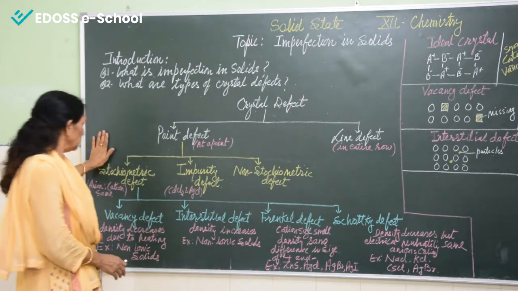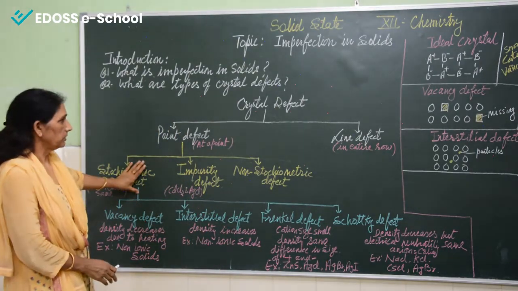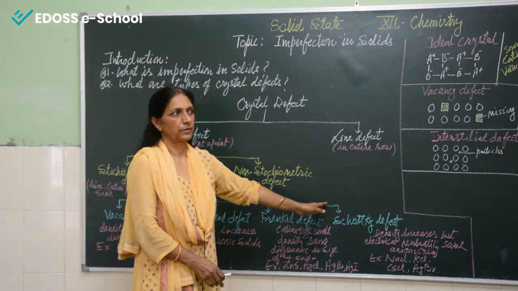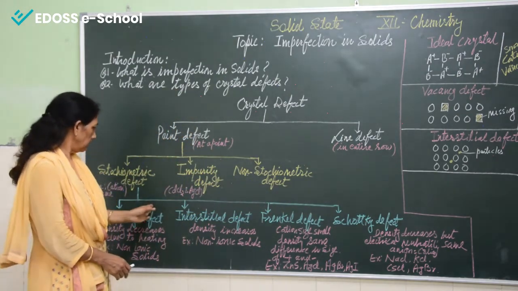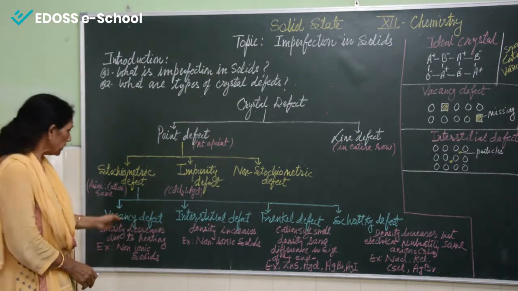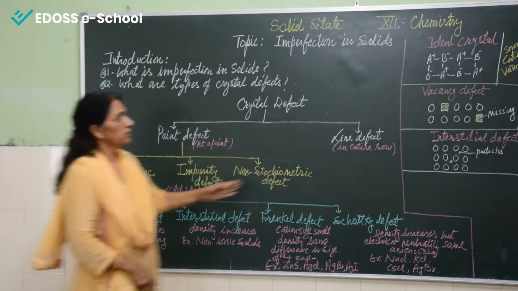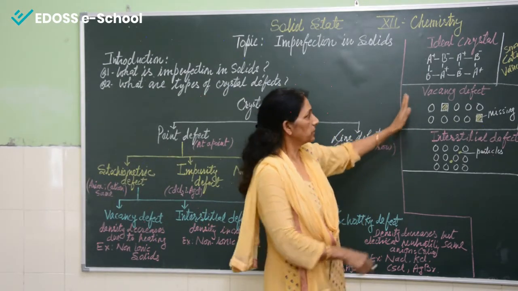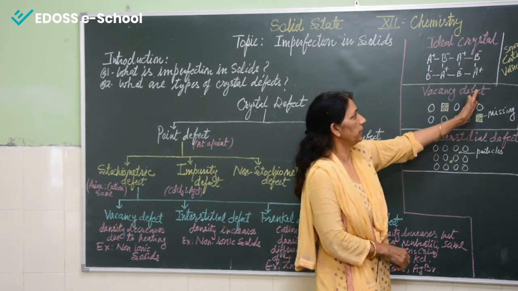Now this stoichiometric defect can again be divided into four types. We can see here, the first type is vacancy defect. To understand the vacancy defect, see this diagram. This diagram shows vacancy defect.